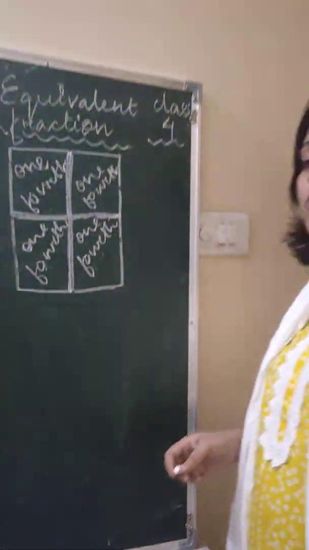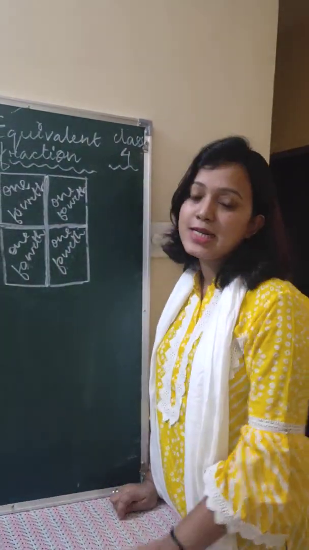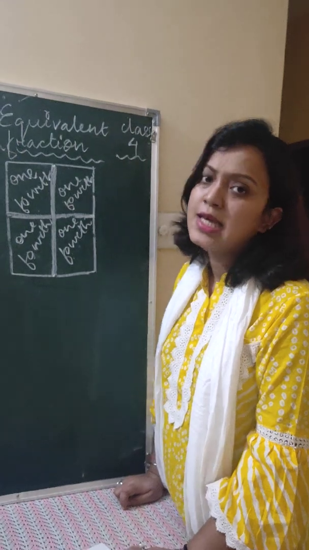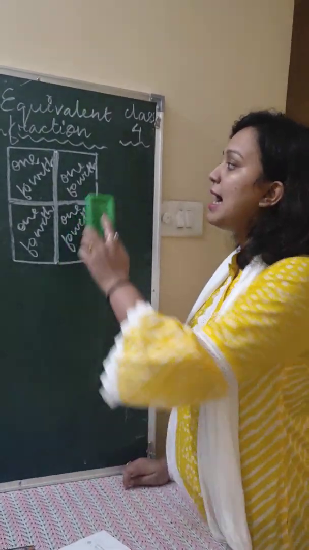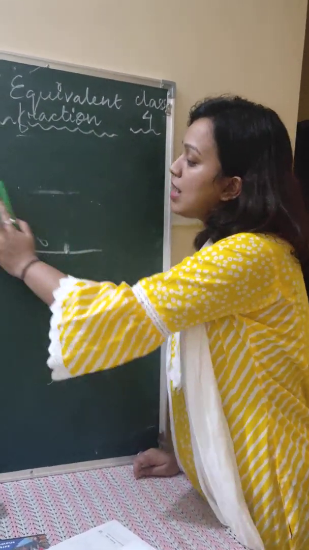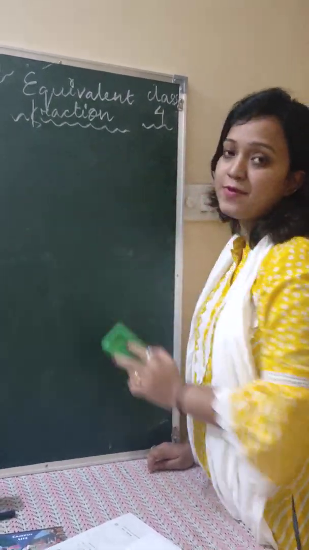Now when I say 1/4, since this chapter tells you about equivalent fraction, which is a part of fraction, I am going to teach you how to represent a fraction.